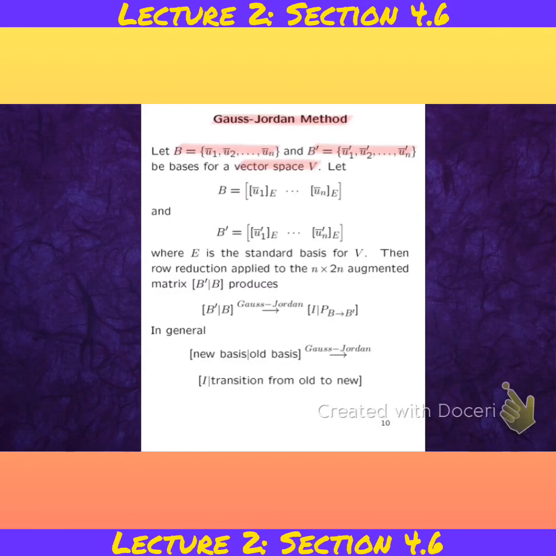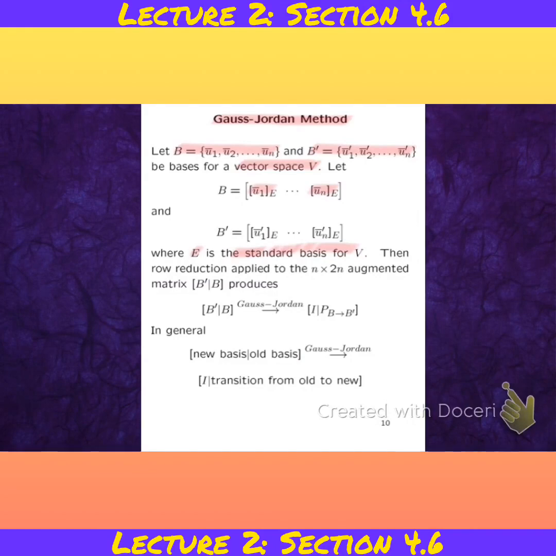You take E, which is the standard basis for the vector space V, and you write down the coordinate vectors of each vector in B with respect to the basis E, and you form these column vectors using the standard basis E. Okay, and you do the same for the matrix B prime.